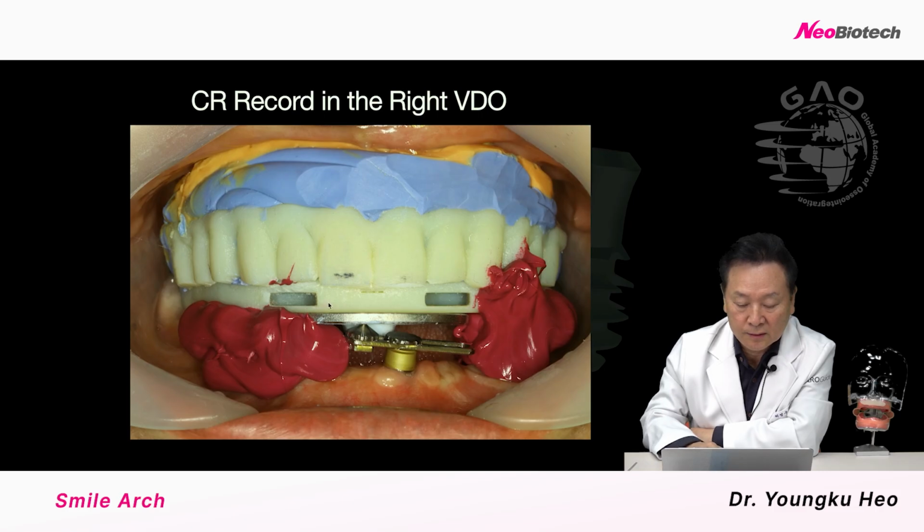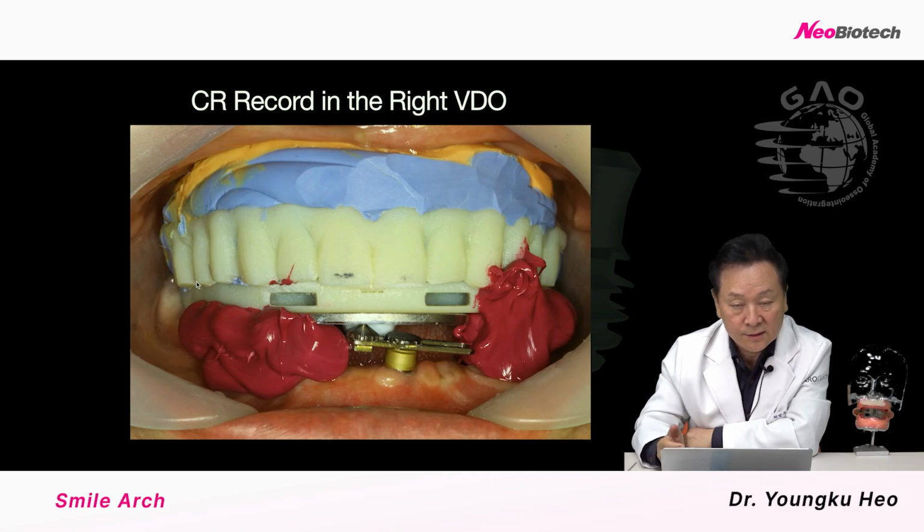So we get the smile aesthetics confirmed, and also we get the information of the occlusal plane, incisal edge, and also the right vertical dimension, and also the CR record.